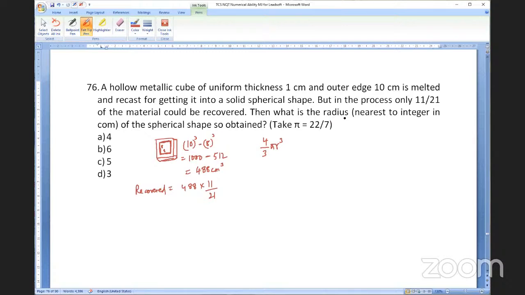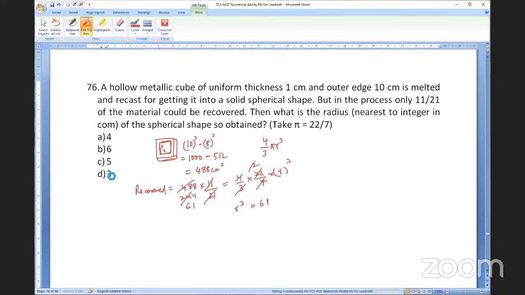Then what is the radius of the spherical shape so obtained? So this must be equal to 4 by 3, pi is 22 by 7, into r cube. Let's solve for r cube. Cancelling terms, we get 244, which gives 61. So r cube is 61.